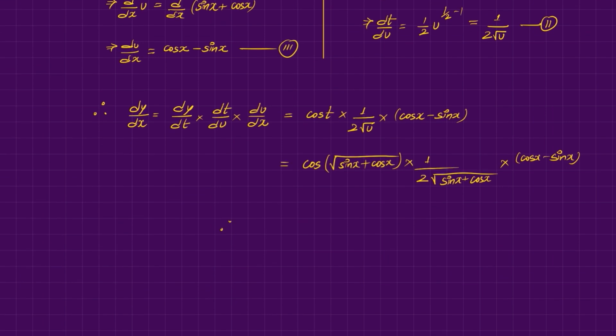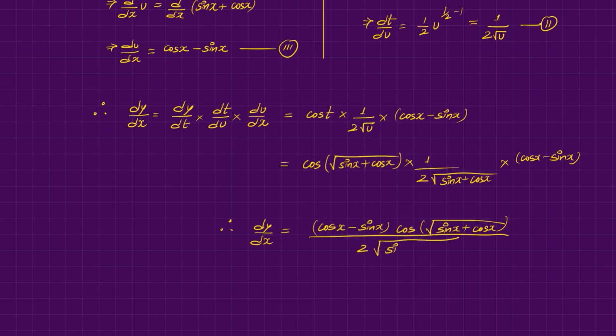So therefore dy over dx equals cos of x minus sin of x, into cos of root over sin x plus cos x, whole divided by 2 root over sin x plus cos x. So this is your answer.